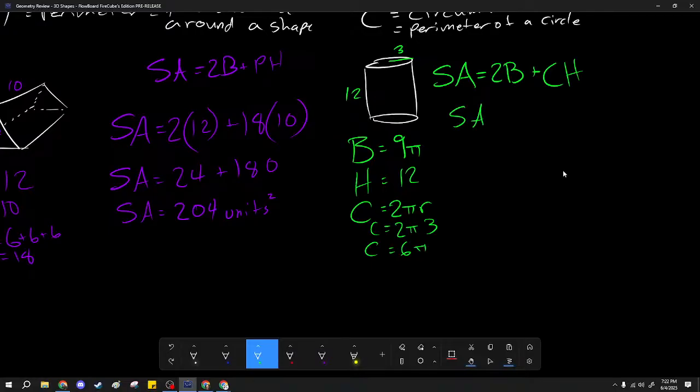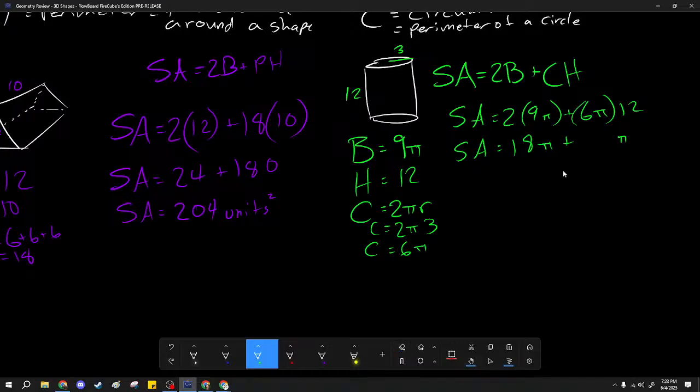We can go ahead and start plugging our values in. 2 times our base, which is 9 pi, plus the circumference, which is 6 pi, times the height, which is 12. 2 times 9 pi is 18 pi. 6 times 12 pi is 50 pi, right? No. I'm bad at math. 6 times 12 is 72.